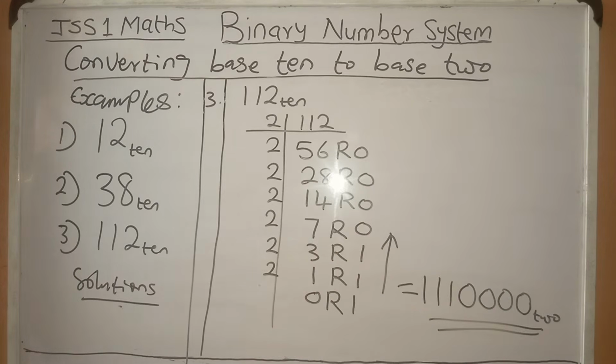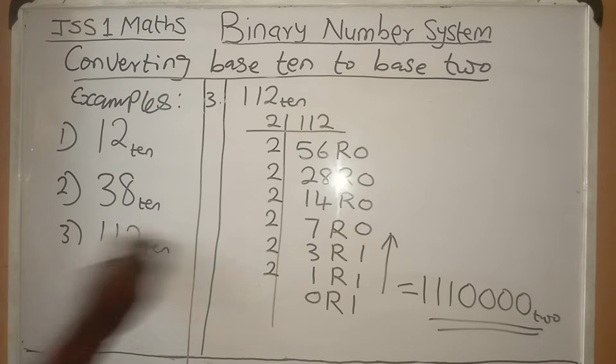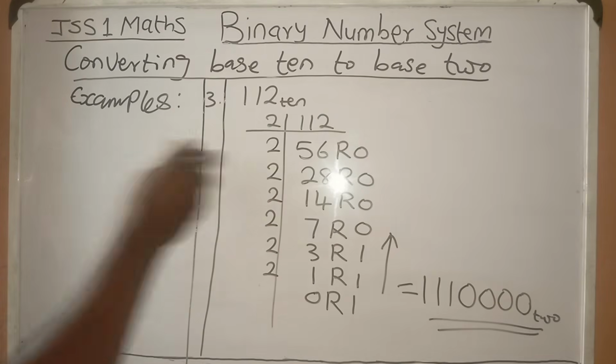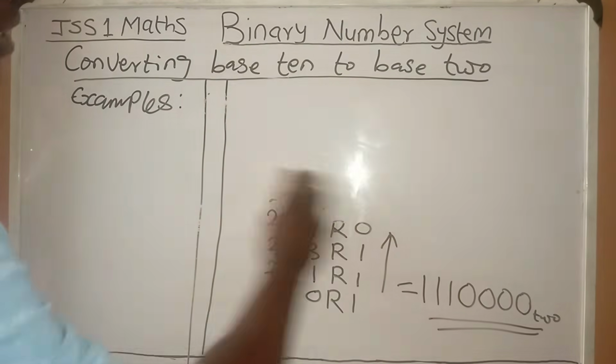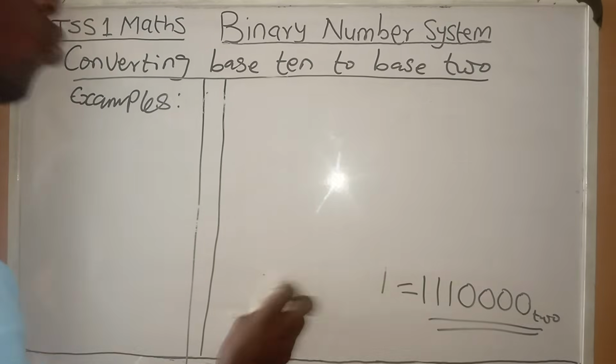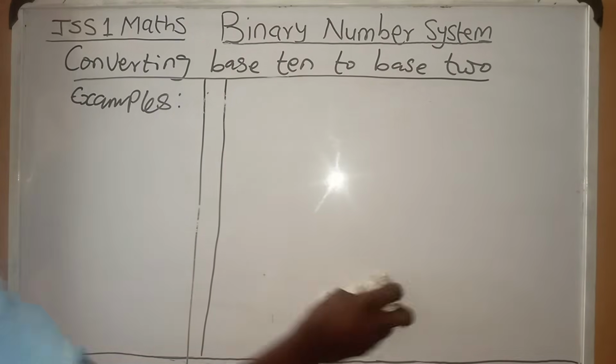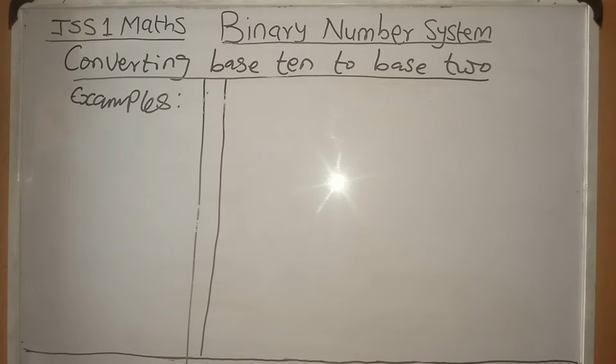Good. So we now move to another outline. This time around, we'll be converting from base 2 to base 10. We're going to do the reverse of what we did now.